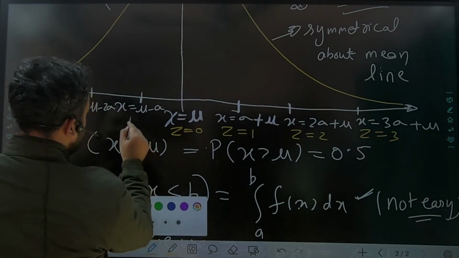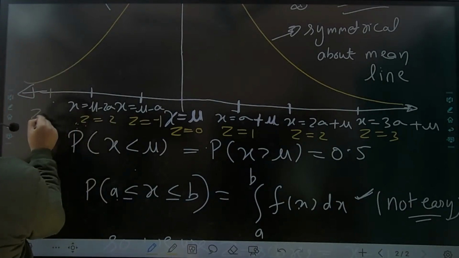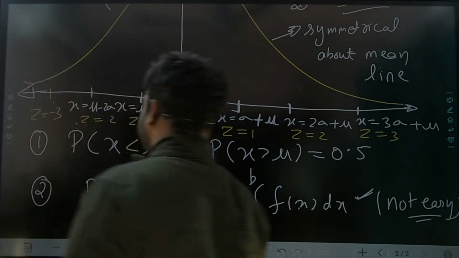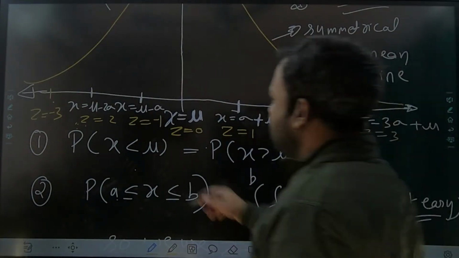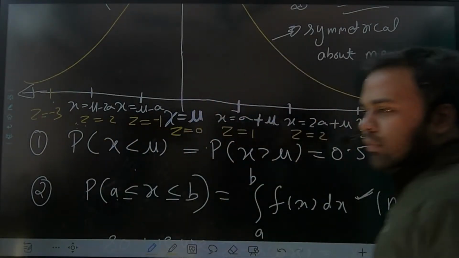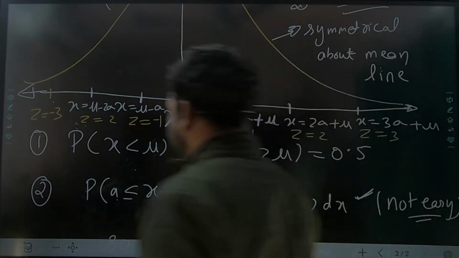And this is z is equal to minus 1, this is z is equal to minus 2, similarly z is equal to minus 3. Put z is equal to minus 1, minus 2, minus 3, and like that you can get the x value correspondingly. So in this way, we have this information.